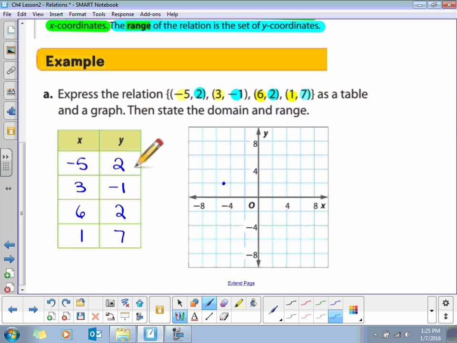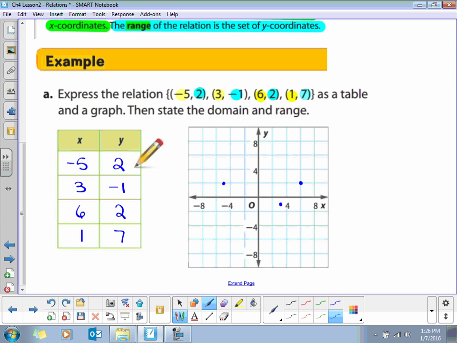The next one, 3 comma negative 1. So we're going to go positive 3, 1, 2, 3, and then we're going to go down negative 1. So down negative 1 is right there. 6 comma 2, we're going to go to the right 6, 2, 4, 6, and up 2.